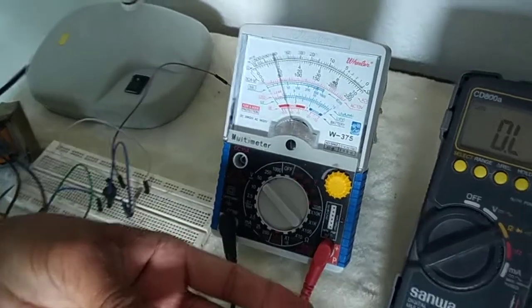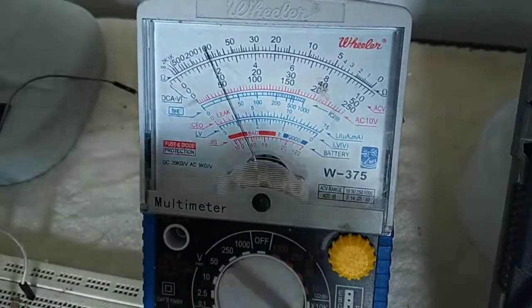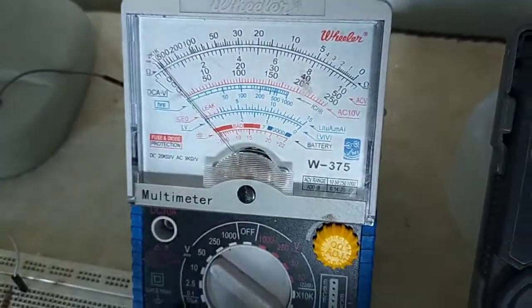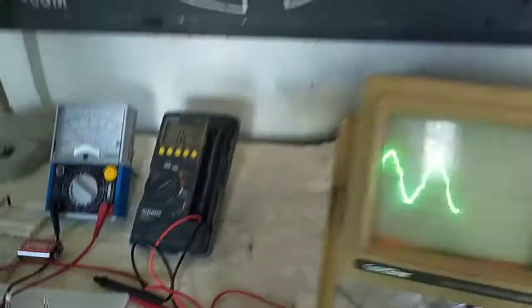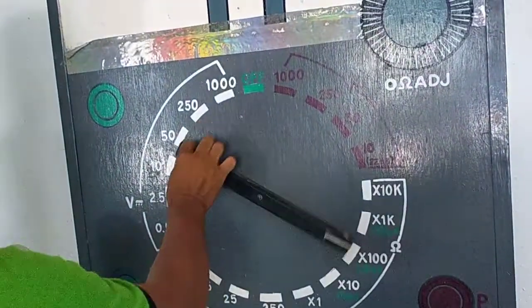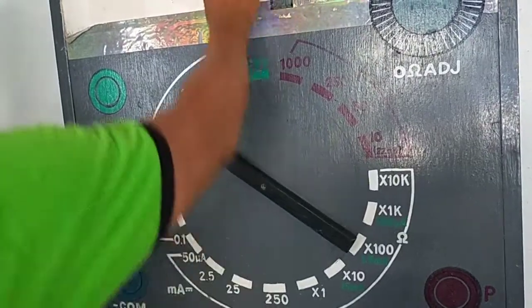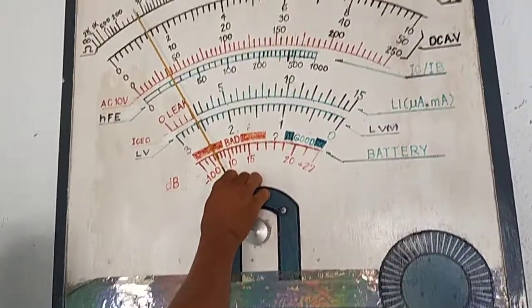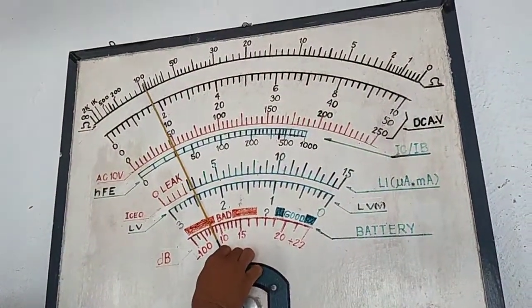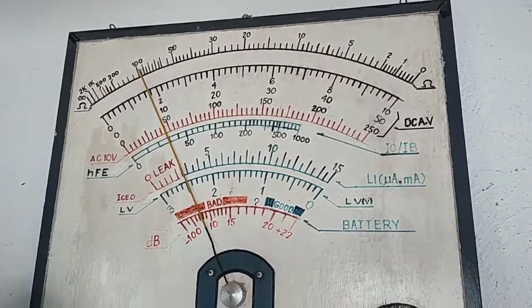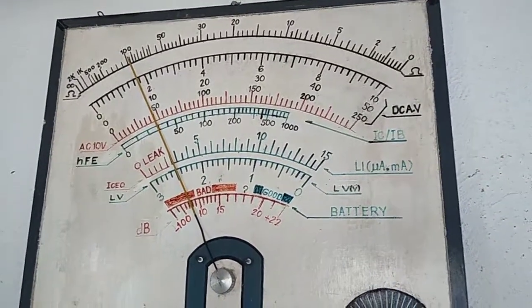That reads, okay, the pointer is positioned at this meter scale. We are using 50 volts here. Then the pointer deflects at this point.